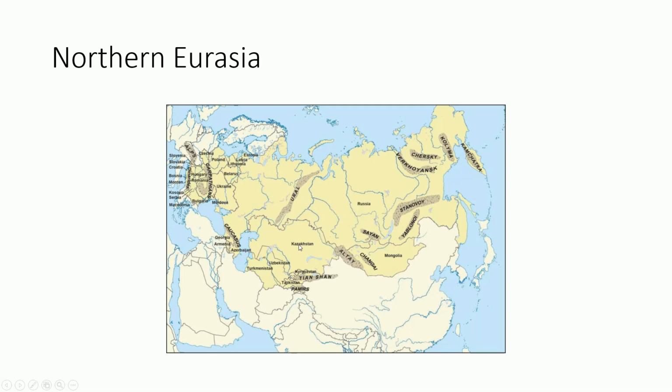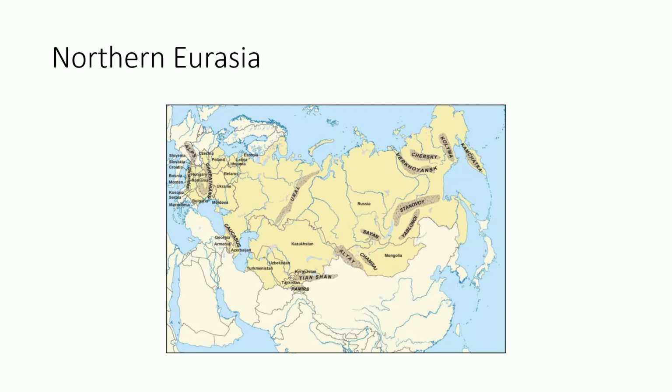It includes places like Kazakhstan, Kyrgyzstan, Tajikistan, Uzbekistan, Turkmenistan. Basically, if it has a stan after it, you can consider it part of Northern Eurasia. It also includes the Caucasus region, so places like Georgia, Armenia, Azerbaijan.